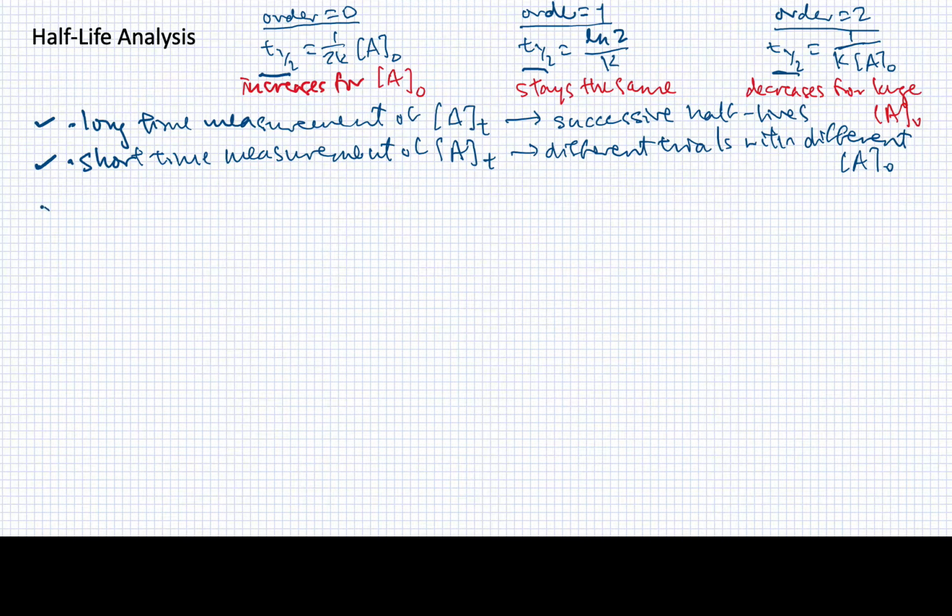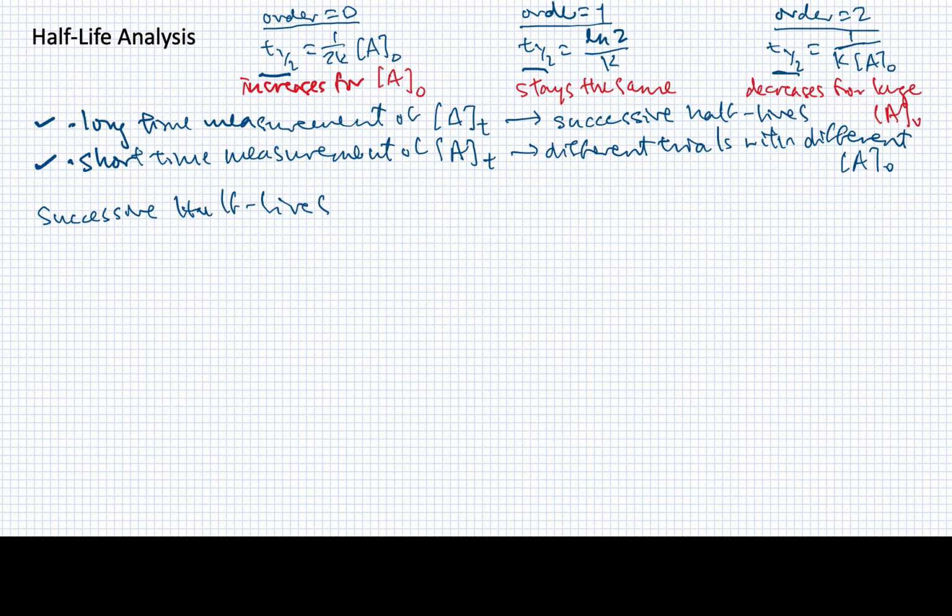So let's look first at the successive half-lives method. When we have a lot of data for A of t, that means we can draw that out and take a look at what that time dependence looks like.